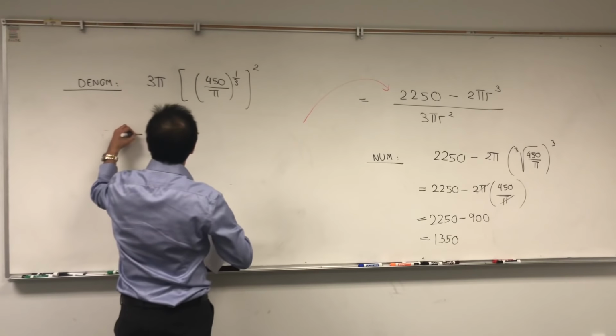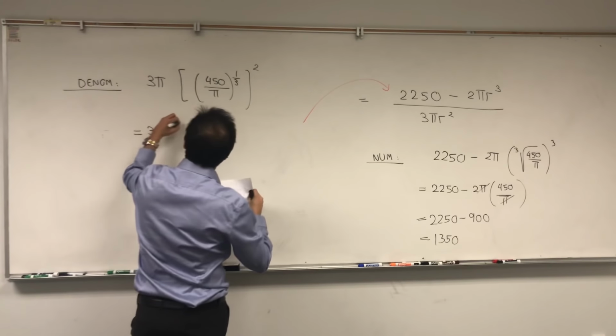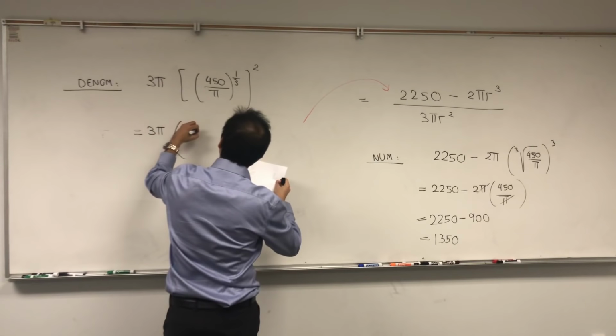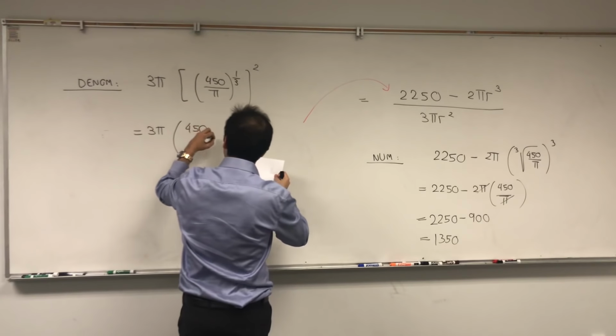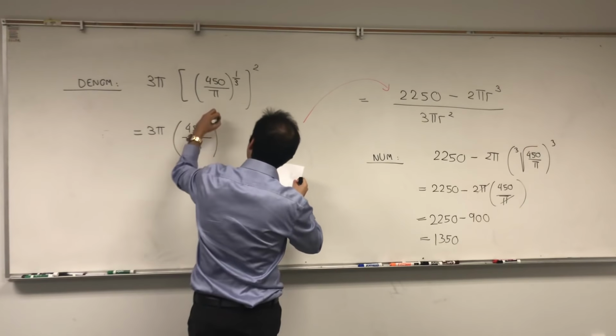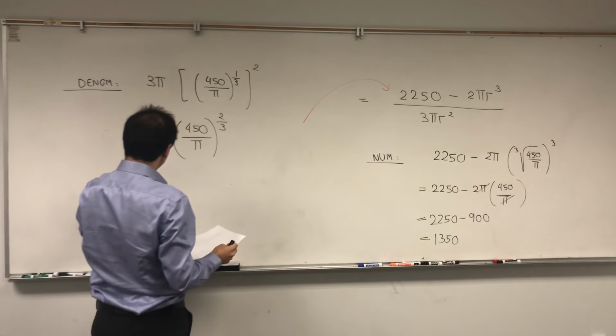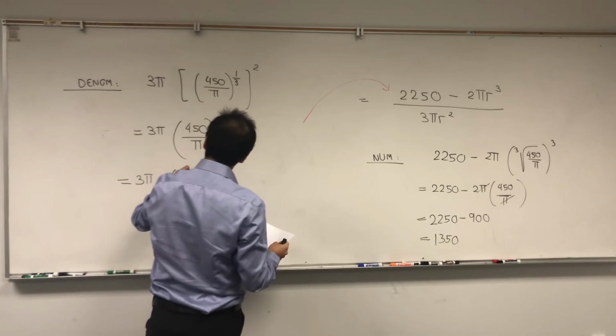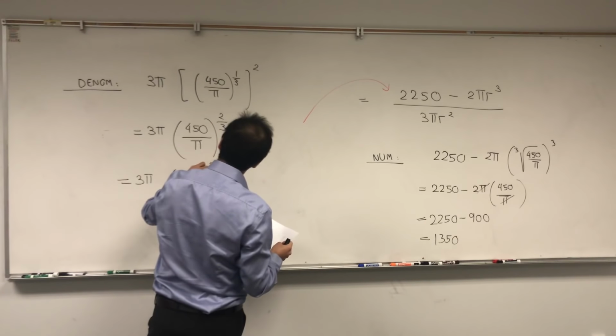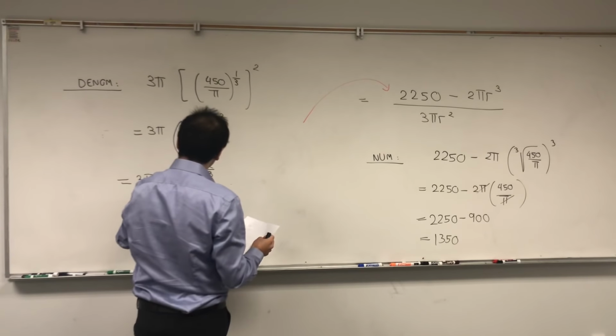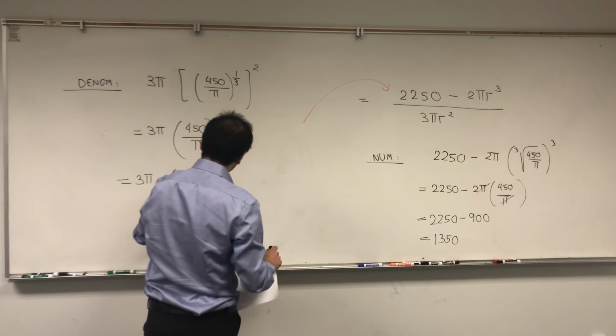And that becomes 3 pi times 450 to the 2/3 over pi to the 2/3, which you can just split up.